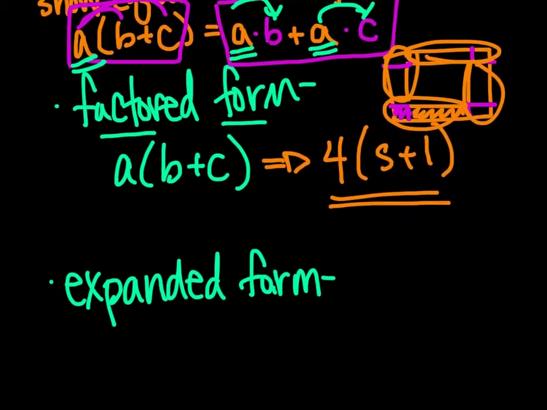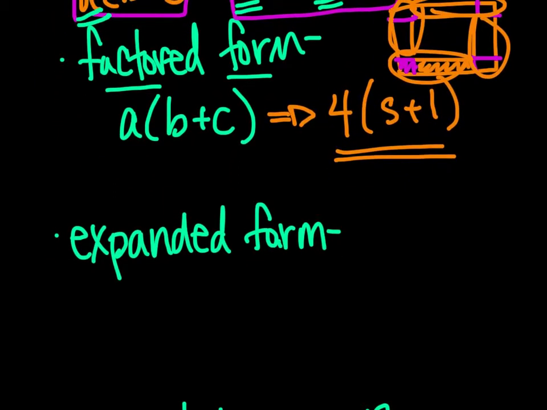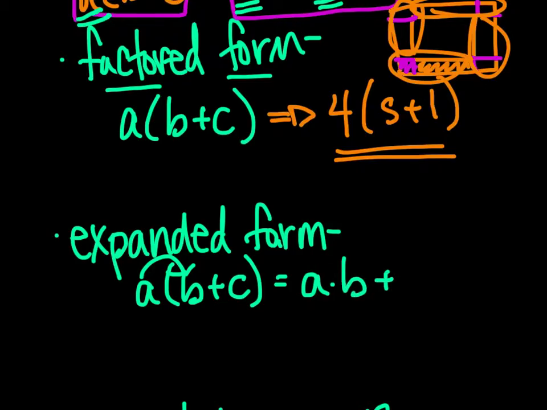Now, the next part of an equation, or another version of it, is the expanded form. And that's when we take that factored form and we use the distributive property to distribute the A into each term. So we say A times B plus A times C. So that is the expanded form.